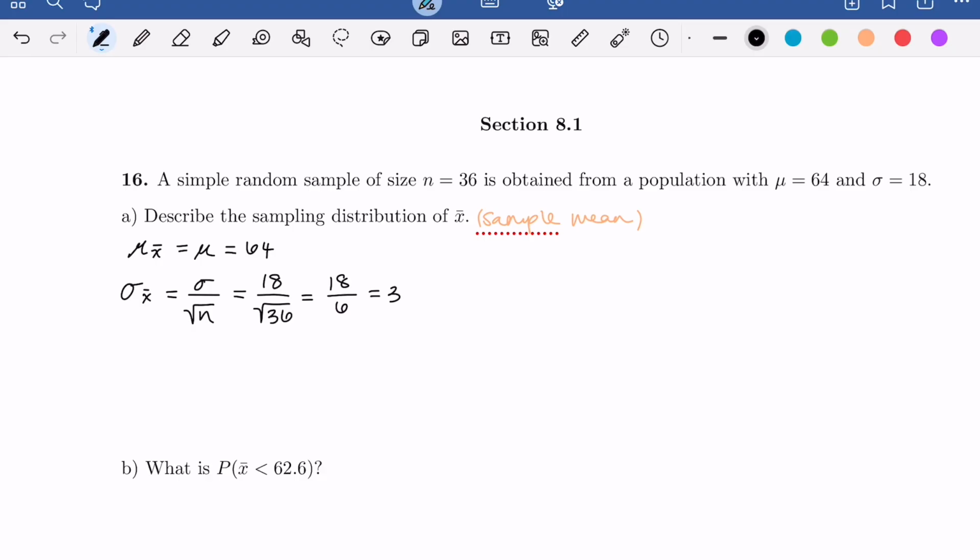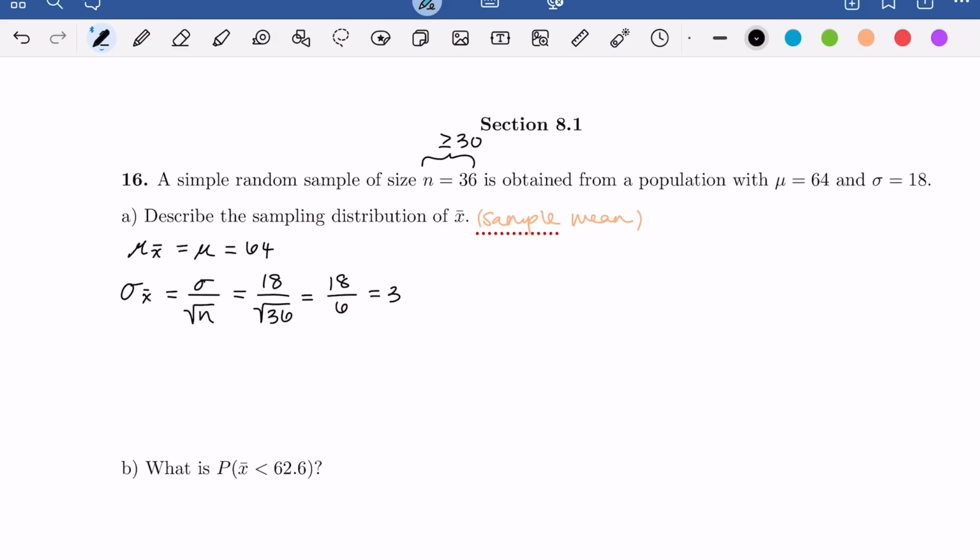We don't have that the population is normally distributed. We're not told that, but note here we have a sample size of 36. So this is actually greater than or equal to 30.